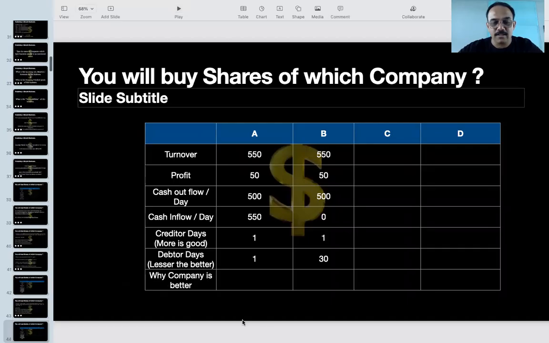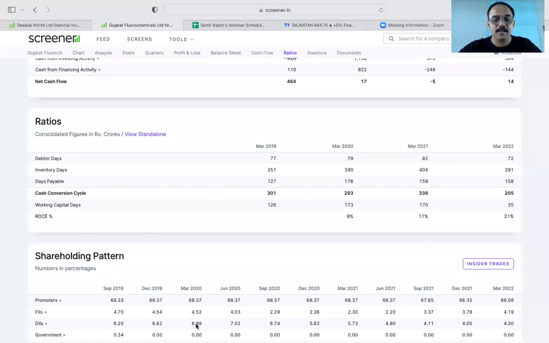Now same thing, if we go and look at it in the screener, we should see... okay, can you see the debtor days here in the screener? It is given. Someone was asking, is it a website? Yes, screener.in is a website. You have to create a free account there.